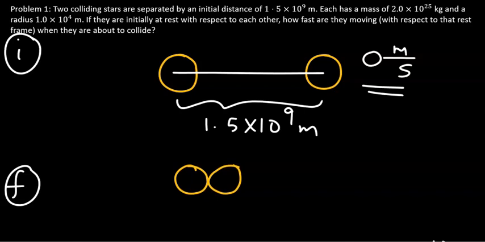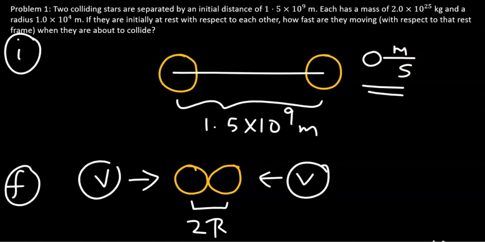That means the distance between them is 2 times the radius of each. And it's moving at some speed v. So each of them is colliding with the same speed v. And we want to know what v is.